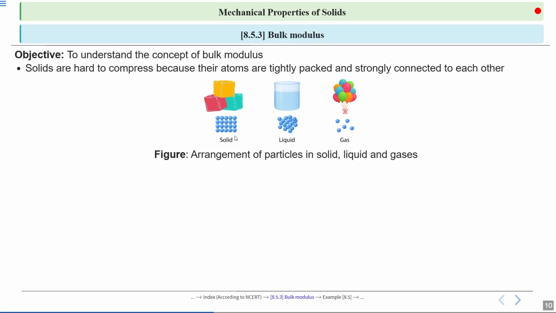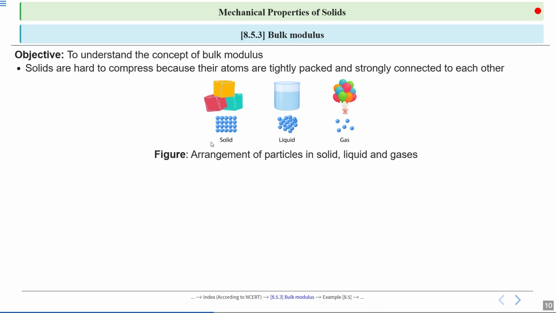Now, to understand the concept of bulk modulus, let's start with solids. Solids are hard to compress because their atoms are tightly packed and strongly connected to each other.